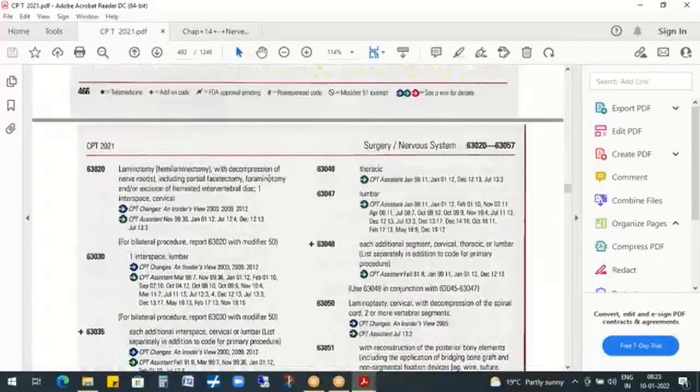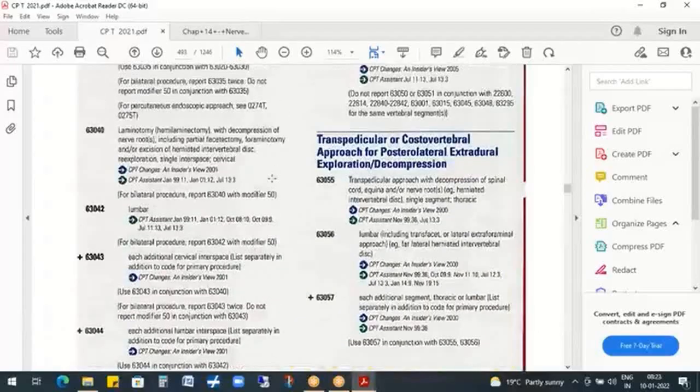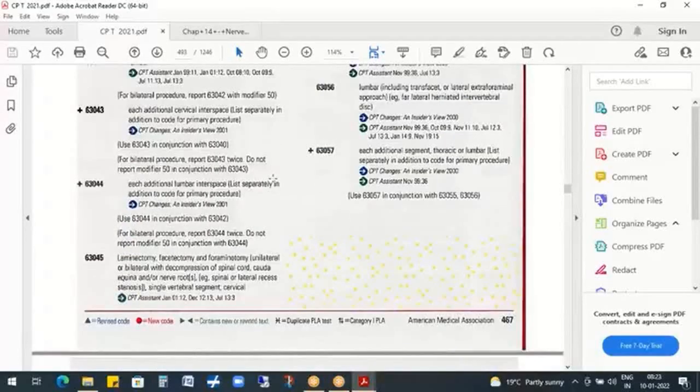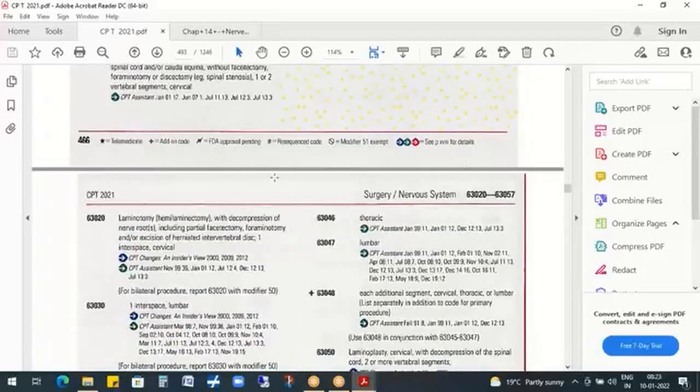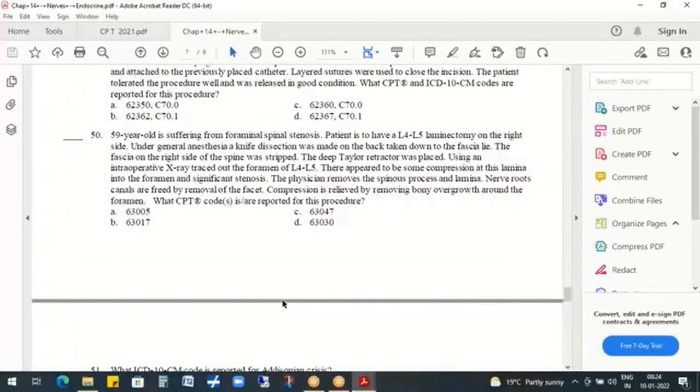Whereas 63047, laminectomy, facetectomy, foraminotomy, unilateral or bilateral, with decompression, stenosis, lumbar. Now what will be your answer? 63005 or 63047?